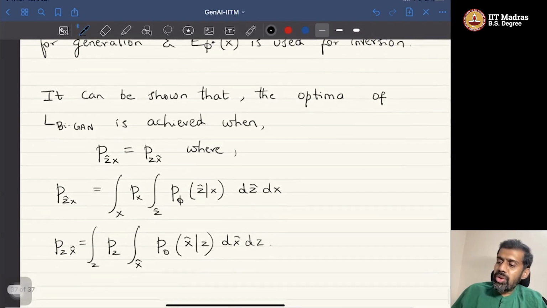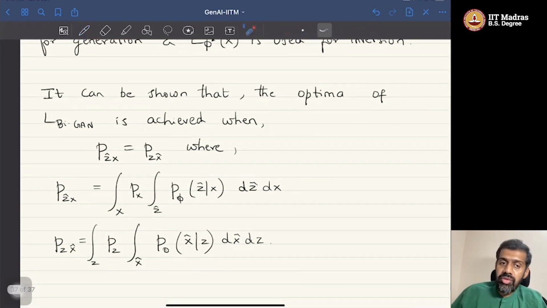Okay, so this can be shown that the objective of GAN will achieve its optima whenever the joint distribution between the encoded input and the true data is the same as the joint distribution between the true input and the generated data. These are the joint distributions that are there.